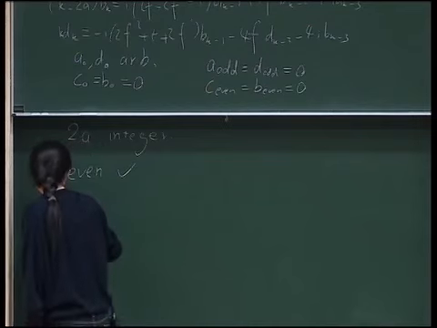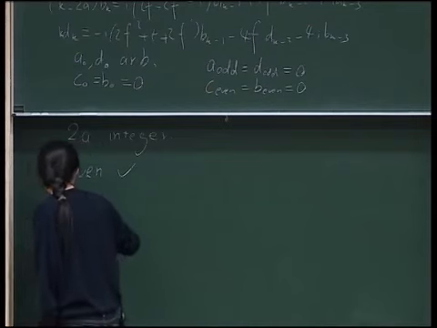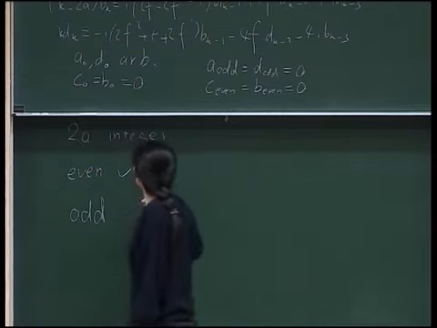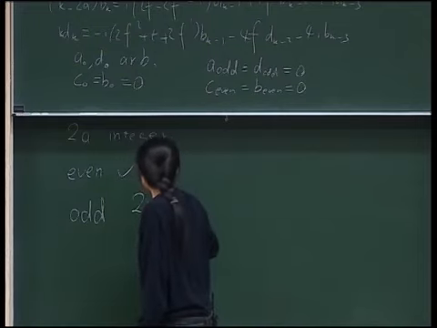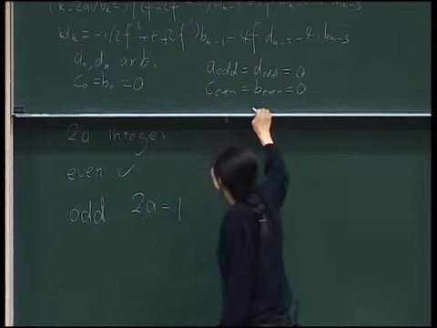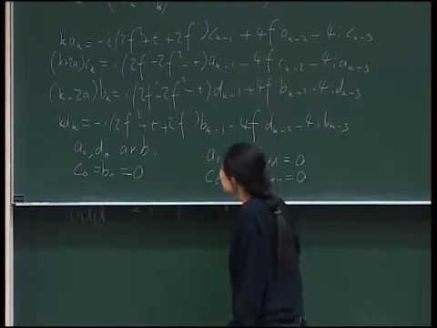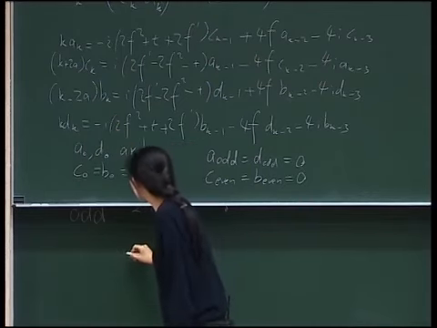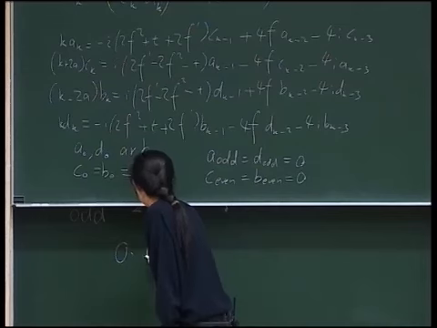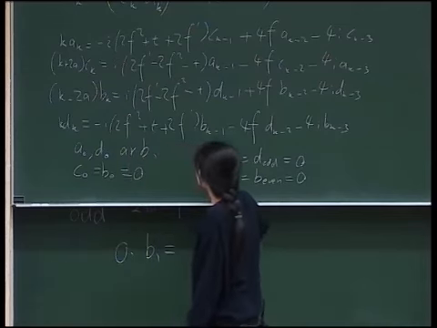The next case is when 2a is odd. Let's look at the example, the simplest one, 2a is 1. This says that 0 times b1 equals to something.